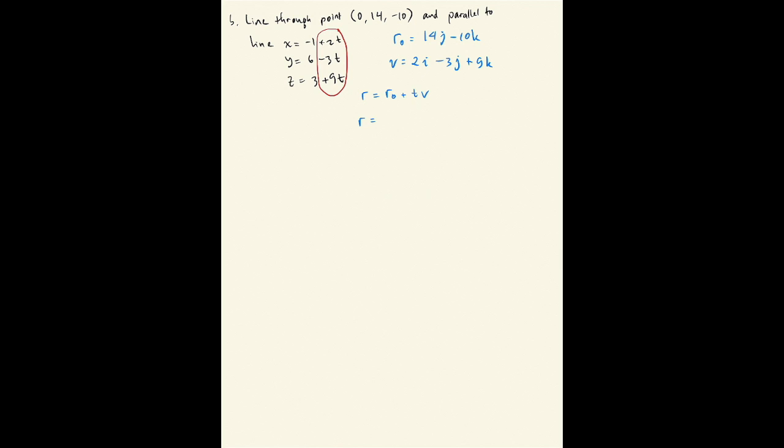So r will be 2t i plus 14 minus 3t. Okay, so this is the vector equation and parametric equations.